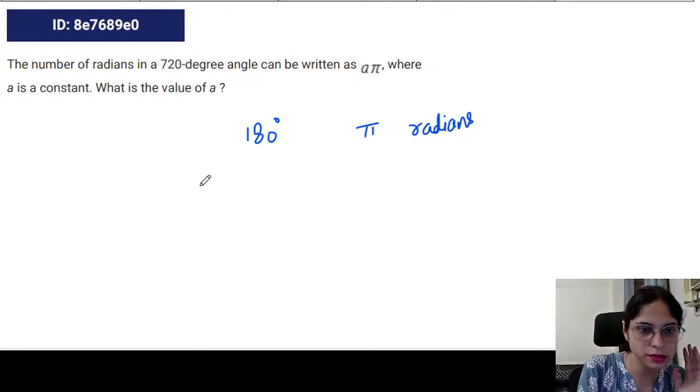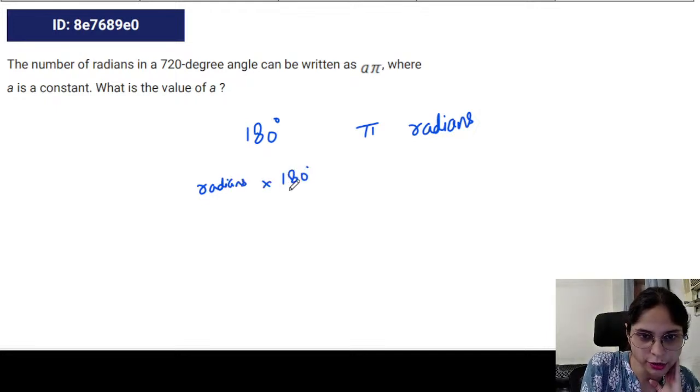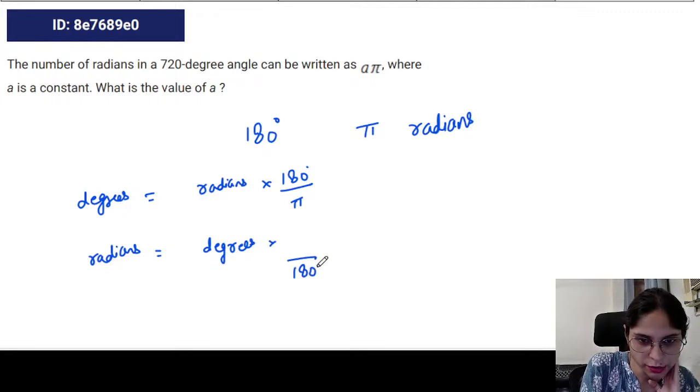If you want to convert to degrees, you will have 180 degrees on top, pi on bottom. If the angle is given in degrees and you want radians, you want to cancel the degrees, so you will write 180 degrees on the bottom, pi on the top.